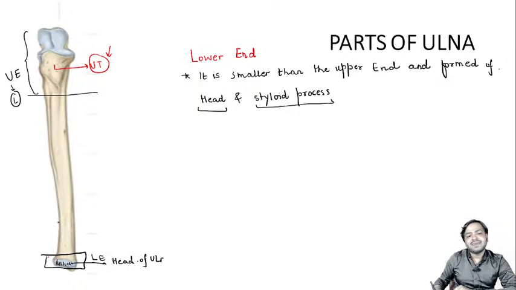Usually in any bone we see the head at the upper end, but the ulna is an exception. The head is located on the lower end of the ulna, the only bone in the upper limb where the head is located downwards.